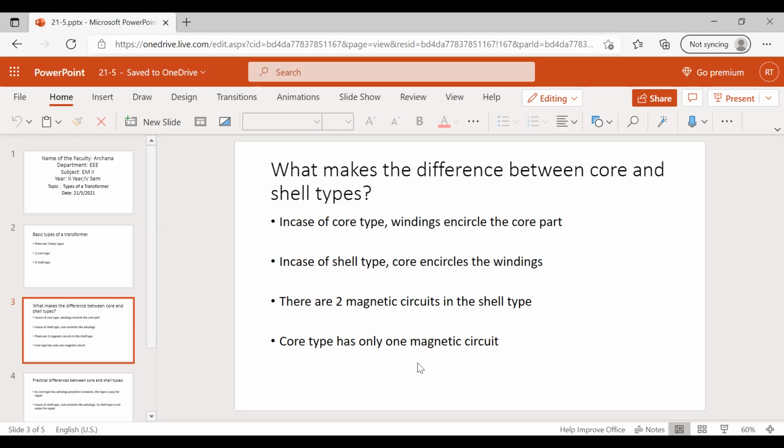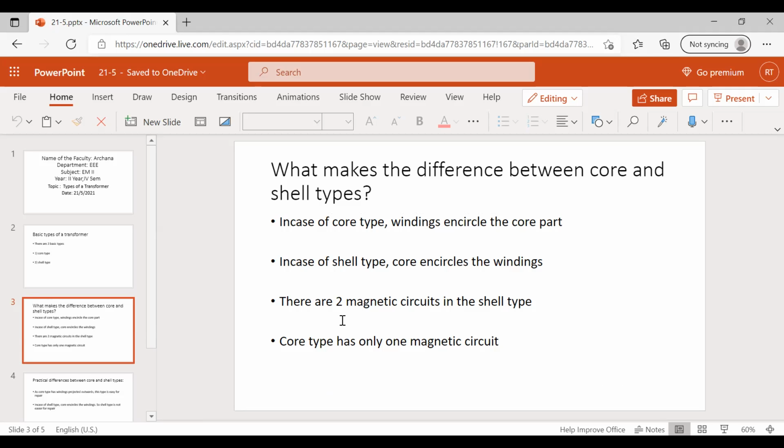The vertical section of the core is called the limb, whereas the horizontal portion of the core is called the yoke. Both together constitute the core.